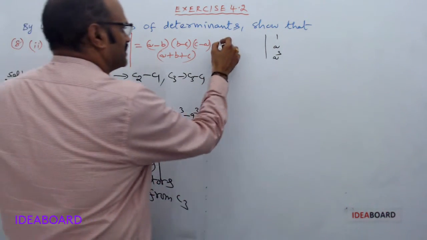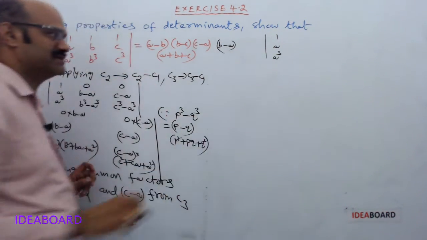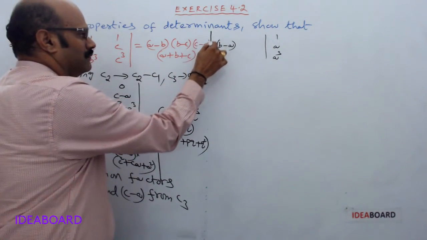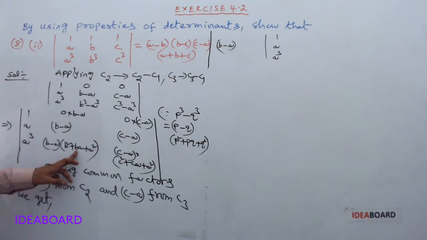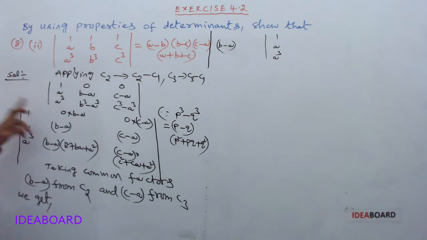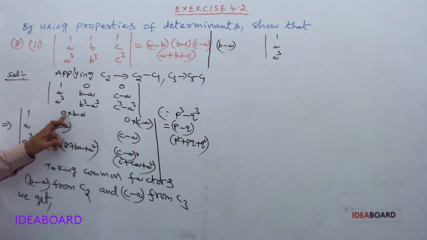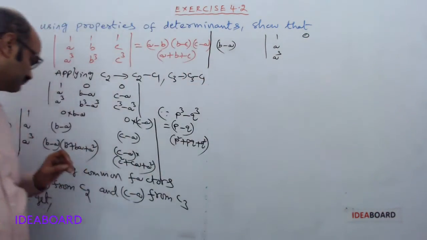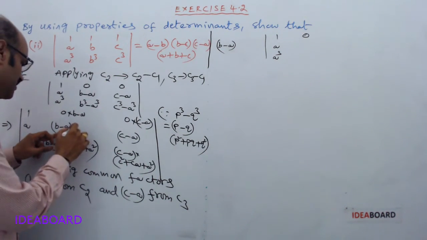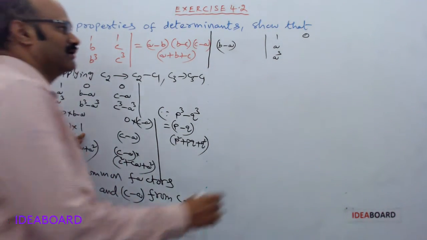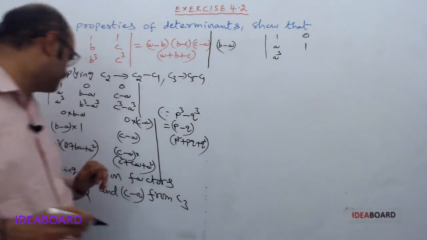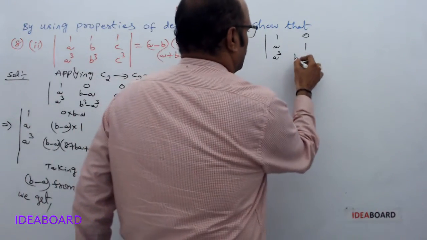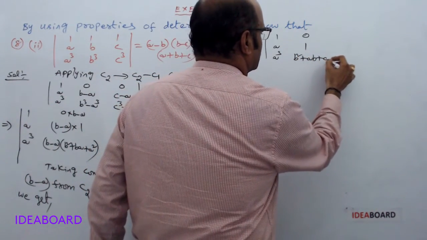So outside you write B minus A. The common factor write outside B minus A. When you take B minus A outside, here we have 0 into B minus A. So write 0 here. Next, B minus A into can be taken as 1 here. So 1. Now here we have to take B square plus AB plus A square.